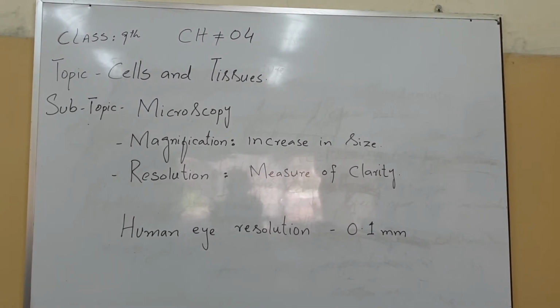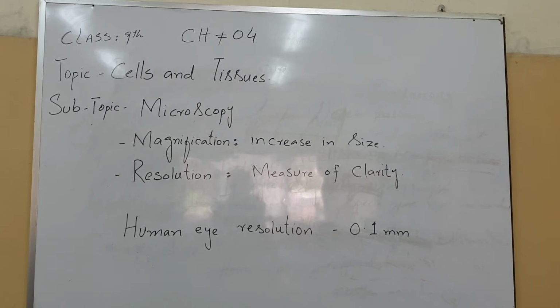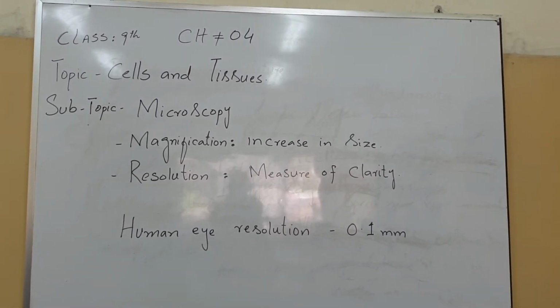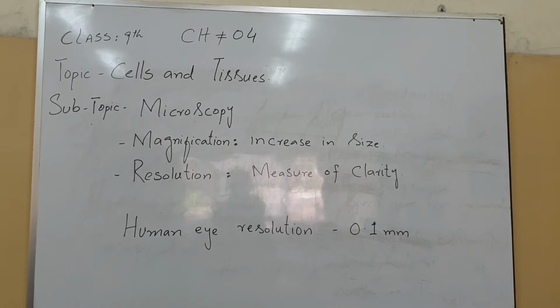Magnification is the increase in size of any object. The object which we use in the microscope, we increase the size of that object, and we can only see it when we increase the size, and for this the term magnification is used.